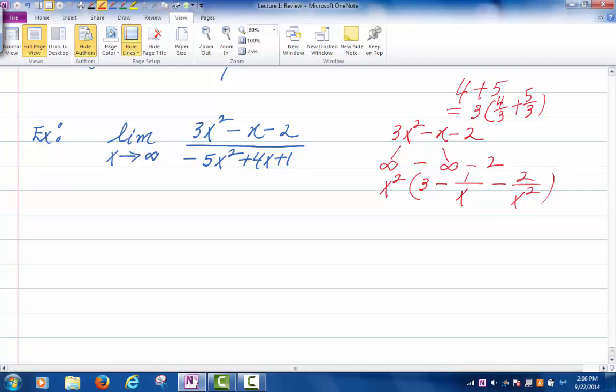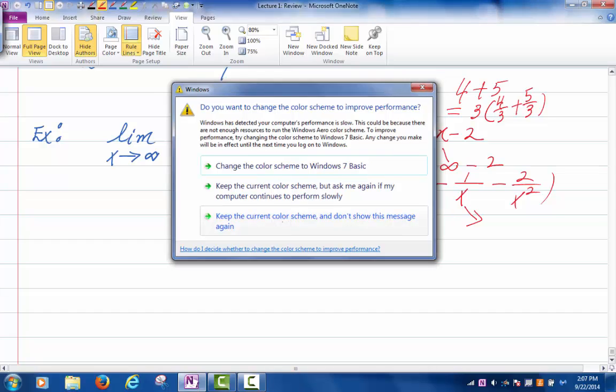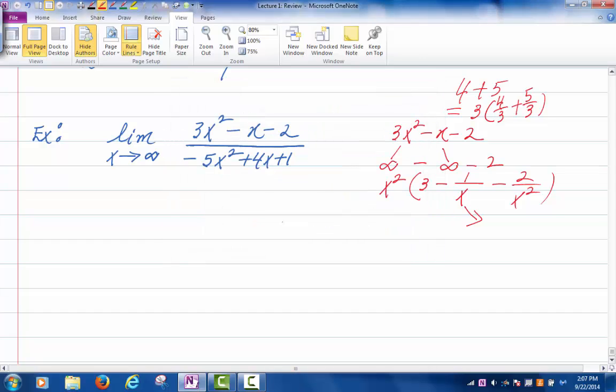Now notice that as x goes to infinity, 1 over x goes to what? If the denominator goes to infinity or negative infinity, and the numerator goes to a non-zero number, what's the limit? 0. If the denominator has limit infinity or negative infinity, that means the denominator is becoming large, the numerator is becoming a non-zero number, then the ratio will be getting closer and closer to 0.